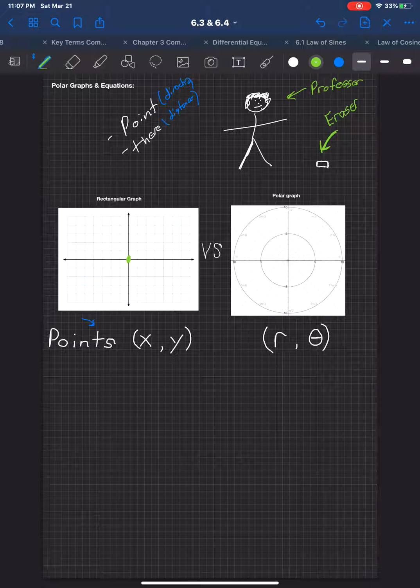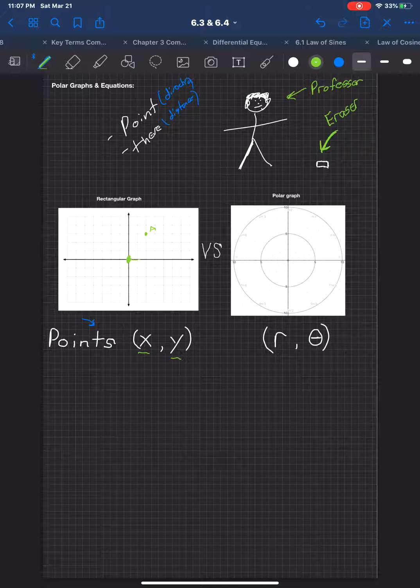And all of the points that make up this plane consist of an x value and a y value. So if you want me to go to point A, you would give me a distance to walk in the x direction, and then you would give me a distance to walk in the y direction, okay?